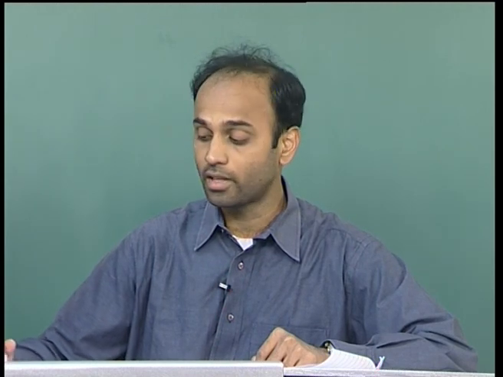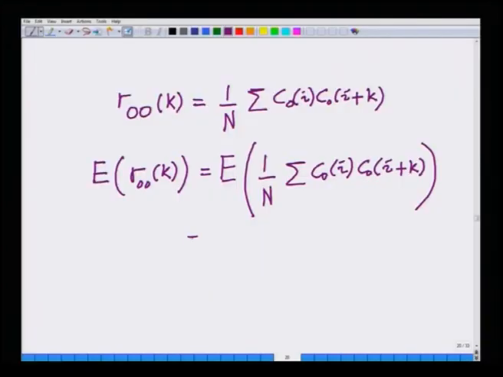Since the expectation operator is linear, I will take the expectation inside, that is 1 over n summation expected C0i times C0i plus k.